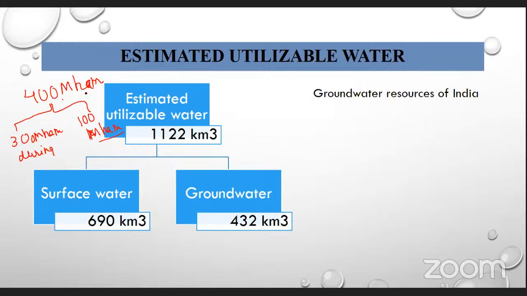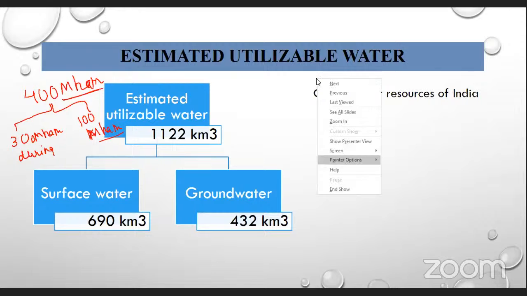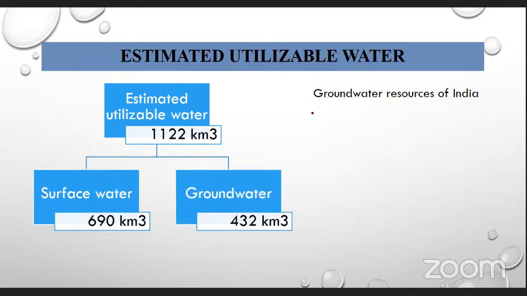This million hectare meter is also converted into kilometer cube, or you can say BCM. BCM is known as billion cubic meters.